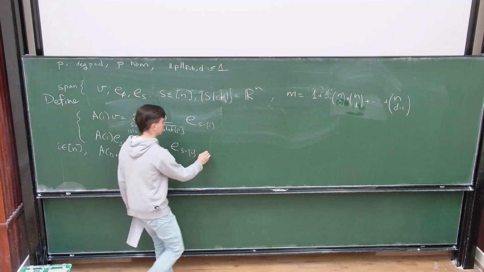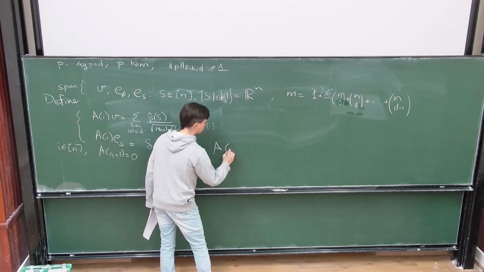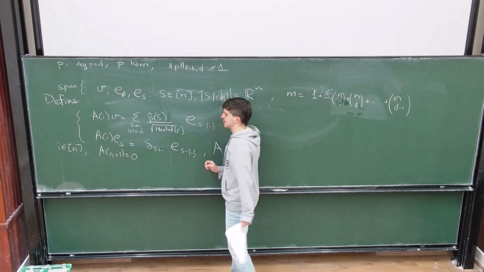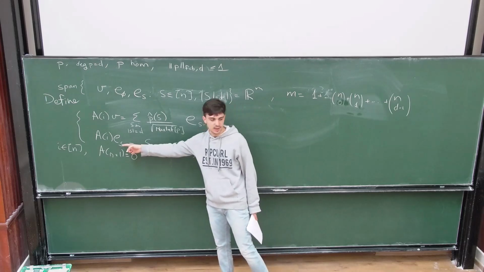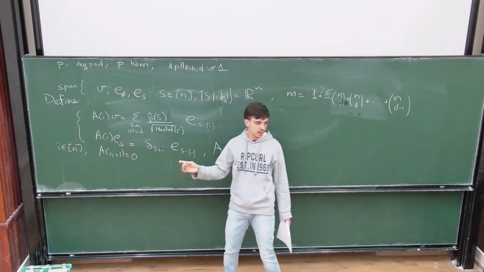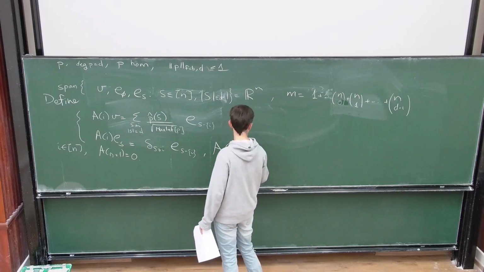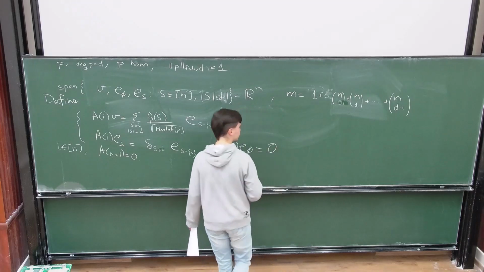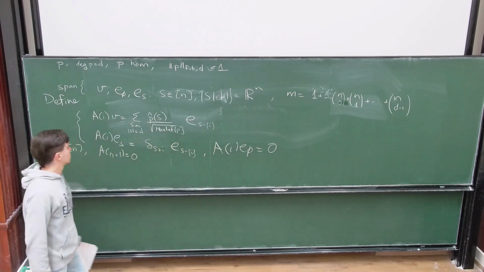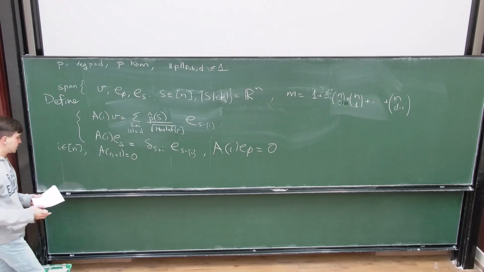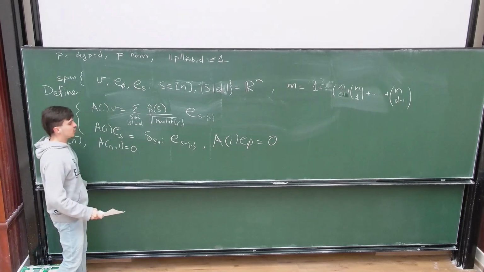Okay, for the empty set, this is a bit of abuse of notation, but if you have the empty set here, then i cannot belong to S, and then it's just going to kill it. Okay. So this is the definition, and what I claim is the following.